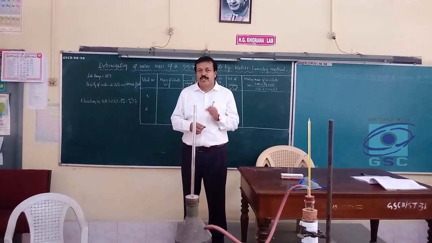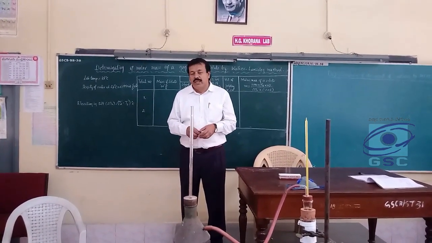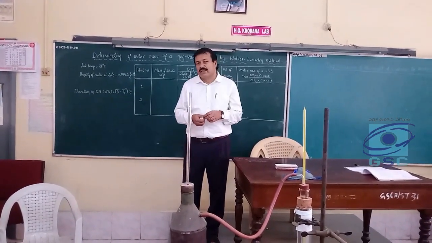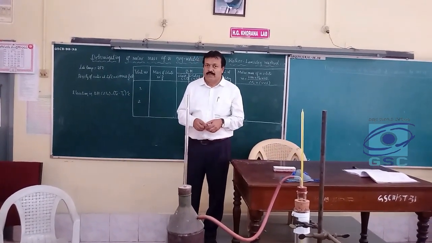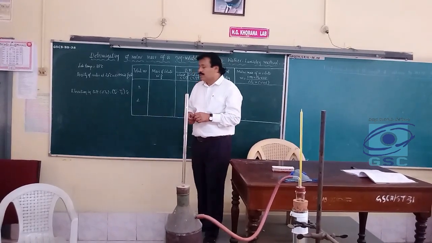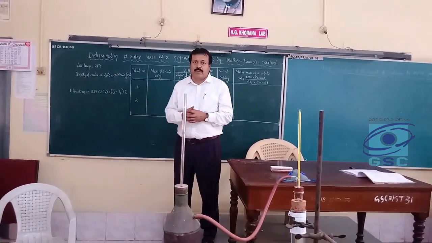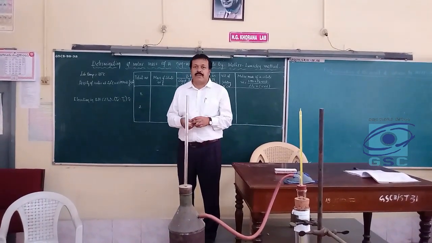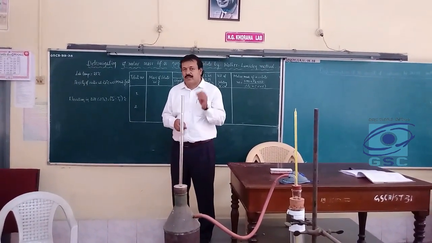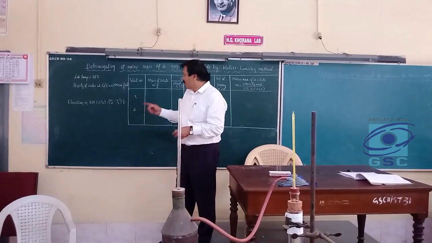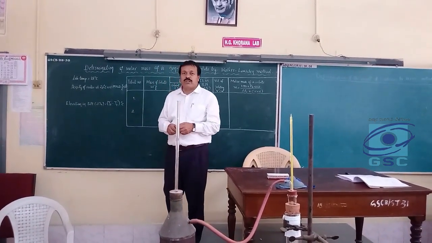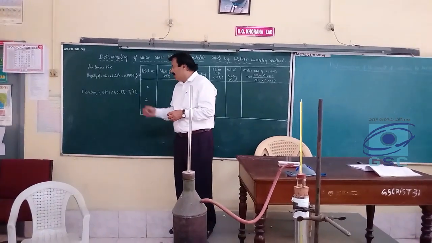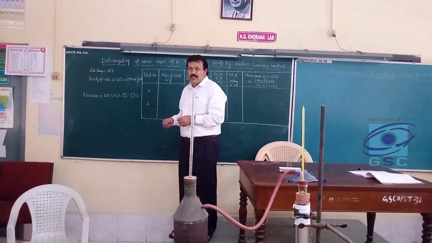Since vapor pressure is inversely related to boiling point, the boiling point of the solution is higher than the boiling point of the solvent. So now we need to find out the elevation in boiling point in this experiment. The elevation in boiling point is nothing but the difference in boiling point between the solvent and the solution. Since the solution temperature is more than the solvent temperature, the difference is called elevation in boiling point and is called delta Tb.